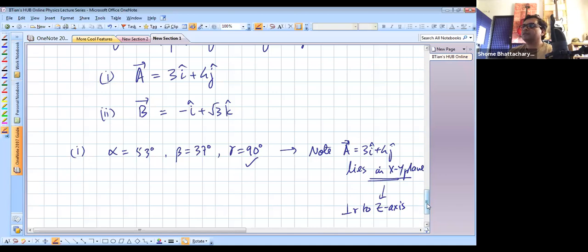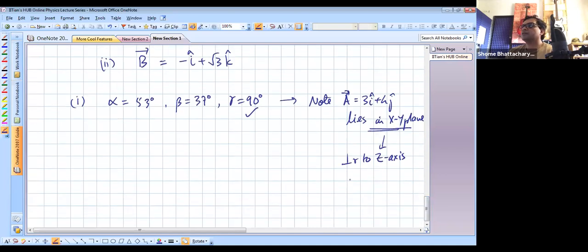And in the xy plane, if you just draw it, the vector is lying like this, because this is 3 and this is 4. So naturally, this angle is 53. That is your alpha. So naturally, your beta, which is the angle made with the y-axis, will have to become 37. So that's why this is 37, whereas this one is 53.